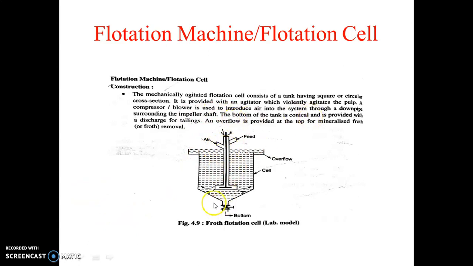The bottom of this tank is tapered, or we can say conical, which provides the discharge for the tailing. Tailing means the impurities, and the overflow is provided at the top for the froth collection. So froth is collected here.